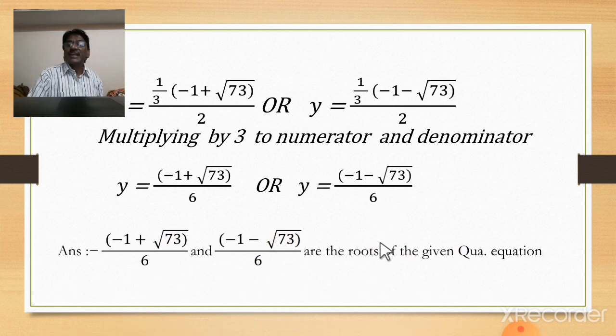Now your answer is (-1 plus root 73) upon 6. This is the first root of the given quadratic equation, and the second root is (-1 minus root 73) upon 6. In this way we find out the roots of the given quadratic equation.